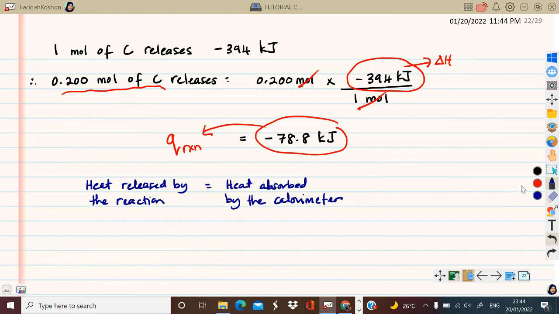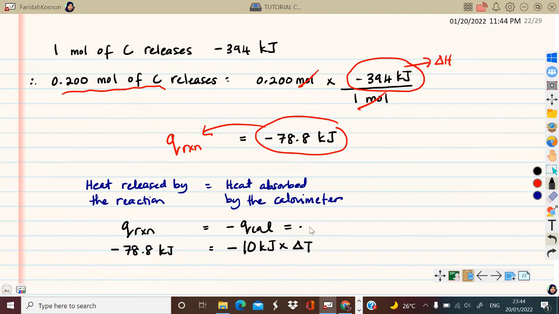So this one is Q reaction, which is equals to negative Q calorimeter. So you masukkan this one is negative 78.8 kilojoule. The heat capacity is 10 kilojoule times delta T.